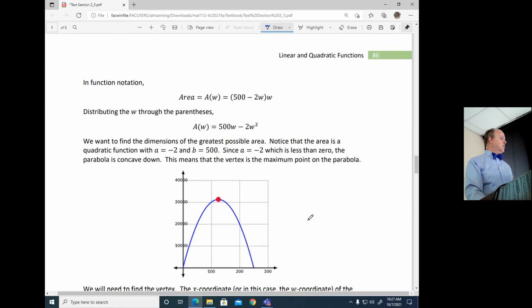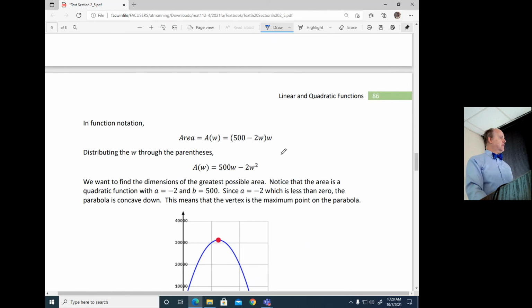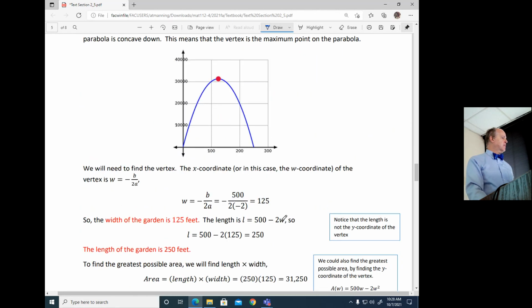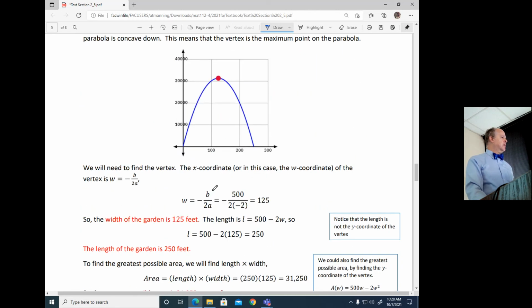And they show you, I can just calculate the line of symmetry and right away know what my W is for the line of symmetry. And I'll just take you there really quick. B over 2A gives me 125 for my W. Therefore, that's the maximum of my area.